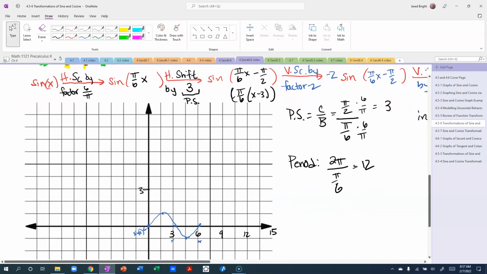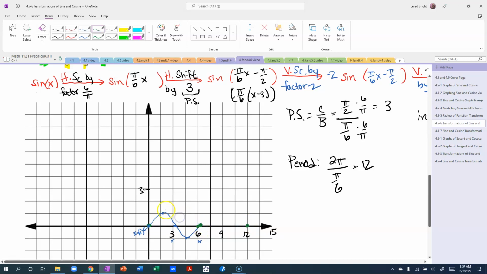I'm going to scale by a factor of pi over 6, or 6 over pi, rather. So take all the x values, keep the y coordinates the same, and multiply by 6 over pi. I'll do these in green. So 0 is going to stay at 0. Thinking of this as pi comma 0, this would move out to 6. 6 would move to 12.